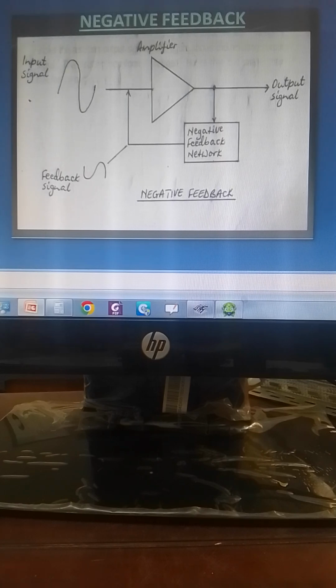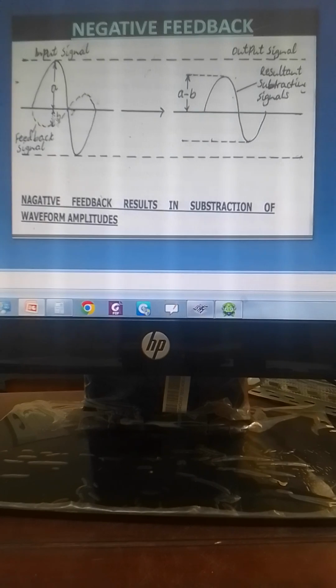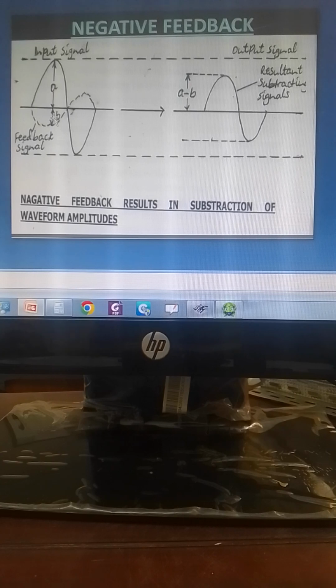What do we mean by saying the behaviors of the inputs are different? This is the input signal. This input signal is in the positive direction, but the feedback signal is in the negative direction. So they are 180 degrees out of phase. This is what we mean.